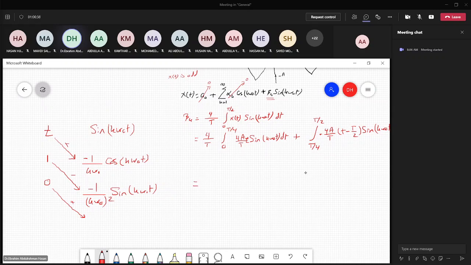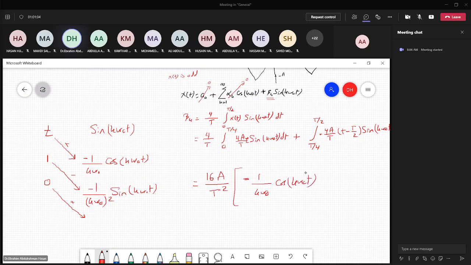So then this part you can take 4 divided by T as a common outside, so then it becomes 16a divided by T squared. And inside, which is t sine, it becomes minus 1 over k omega naught cosine k omega naught t.